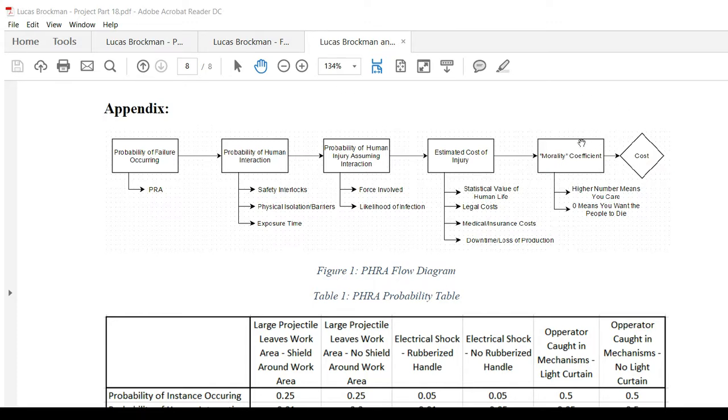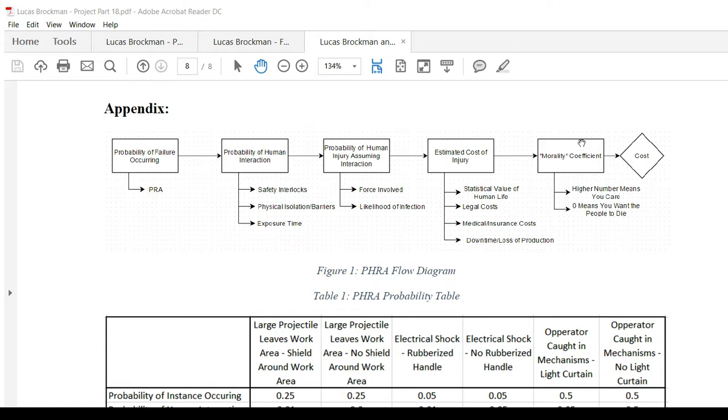And then the product of those three is multiplied by the estimated cost of the injury. So that would take into account statistical value of human life, legal costs, medical insurance costs, and downtime and loss of production. And finally, the product of all those four gets multiplied by the morality coefficient. This is basically a coefficient that the company or designer would have to determine before the design is actually complete.